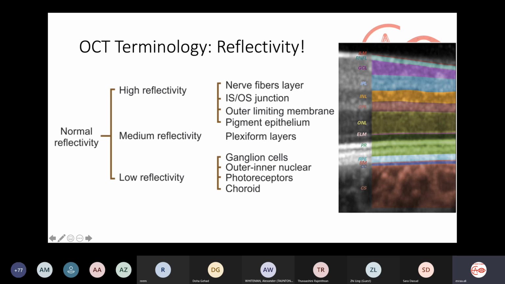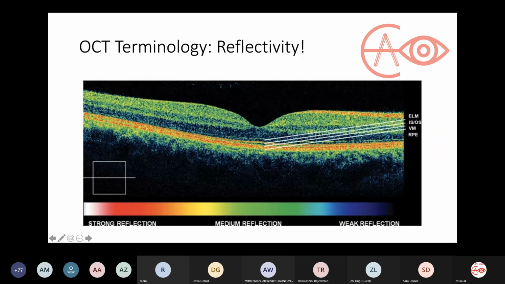So the ganglion cells, the nuclear layers, the photoreceptors. An old question that used to appear in the exams was, because of the colored OCT images, that if it's red, then it's hyperreflective. If it's near the blue side, then this is a weak reflection or hyporeflective.